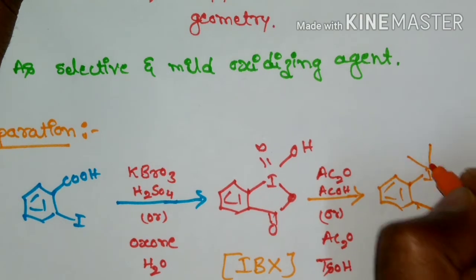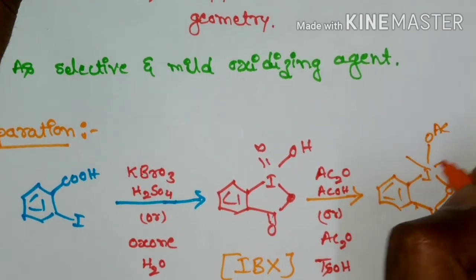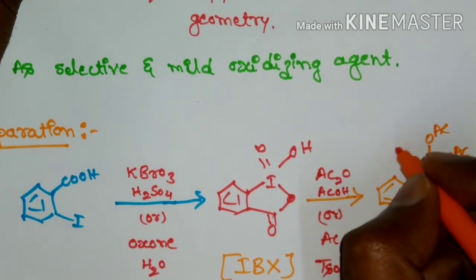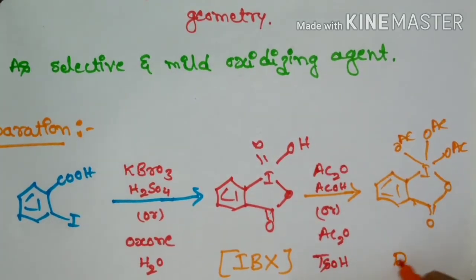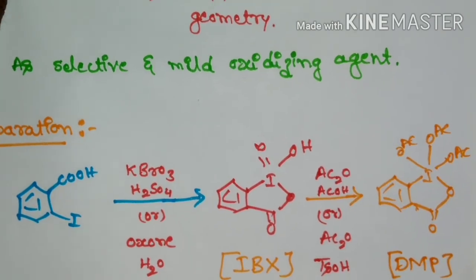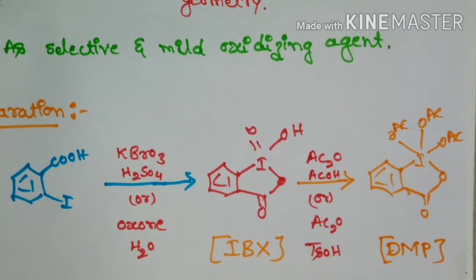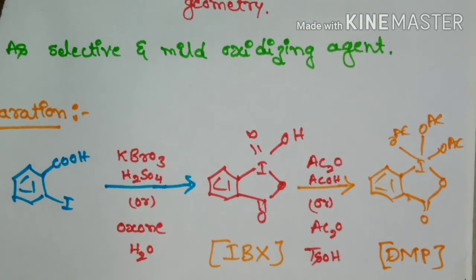So here simple acetylation will take place, which leads to the formation of Dess-Martin periodinane. So this is how Dess-Martin periodinane is prepared.